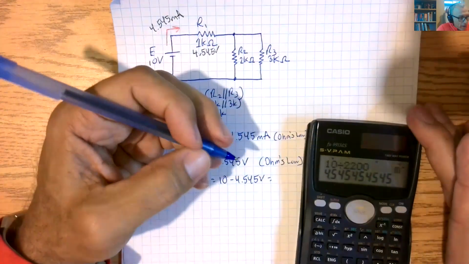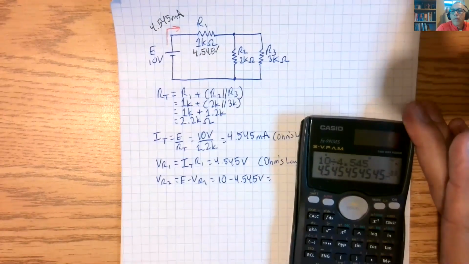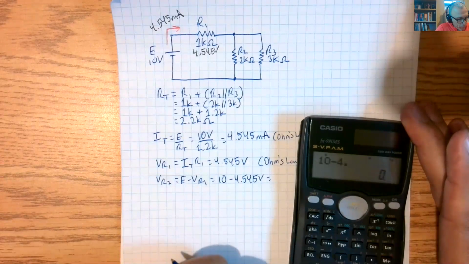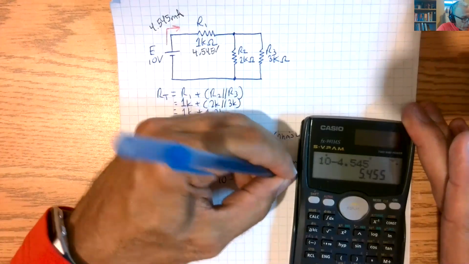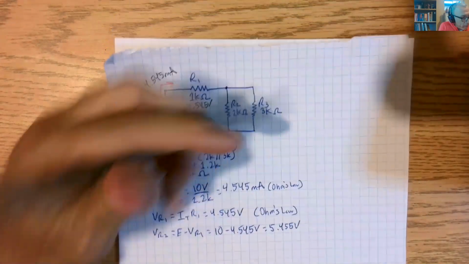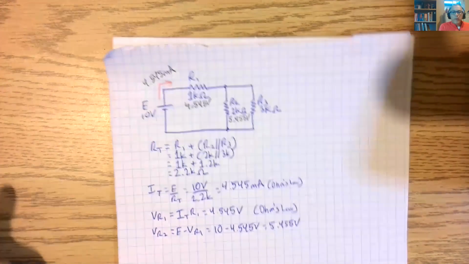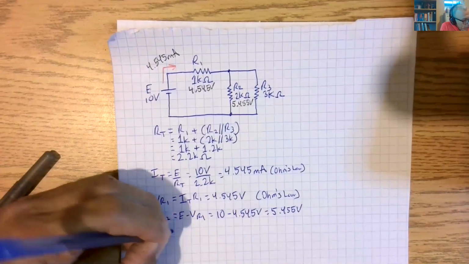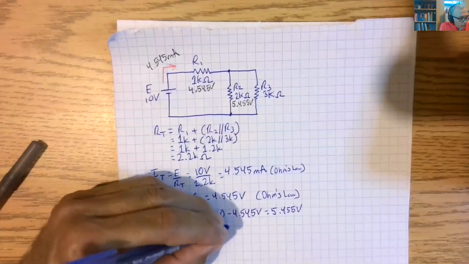Which gives us 5.455 volts. Okay, so I'm going to write in here 5.455 volts. Okay, now we also know that VR3 is equal to VR2 because they're in parallel, equals 5.455 volts.